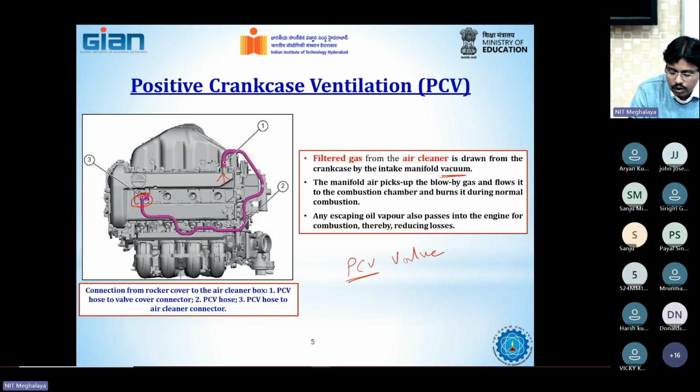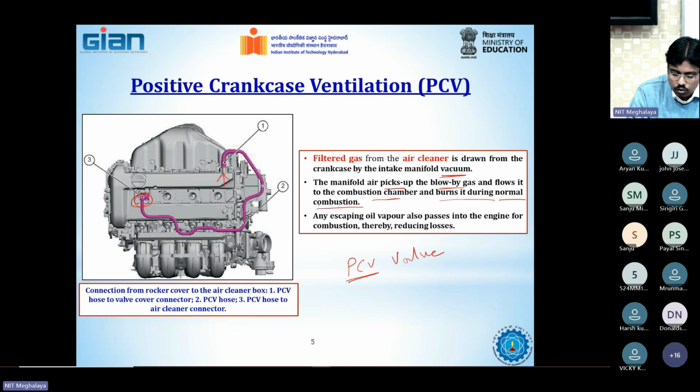So the vacuum will drag in, or pick up, the blow by gases from the crankcase, then supply them to the combustion chamber and burn them during normal combustion. So if it is a 4-stroke engine, then out of the 4 strokes, only during the suction stroke, the gases will be collected through this hose pipe and supplied to the intake manifold.